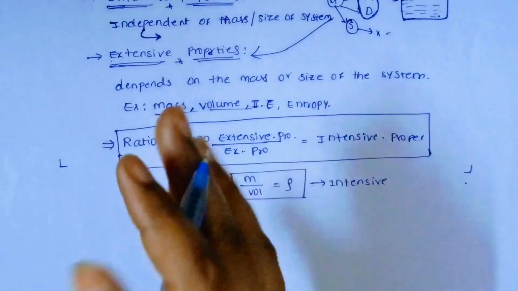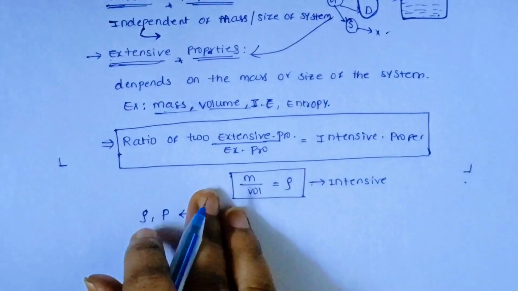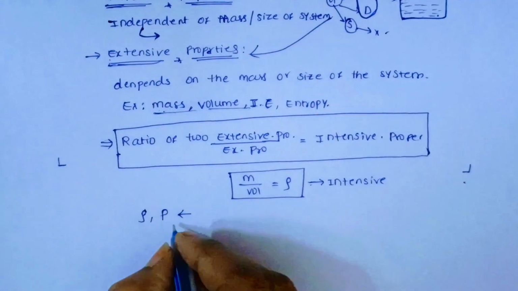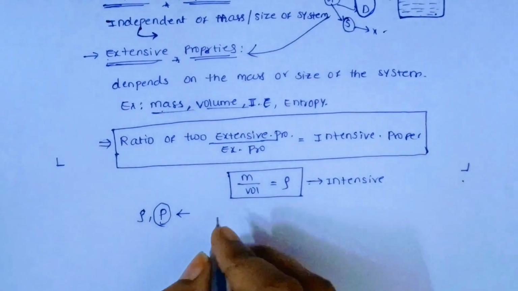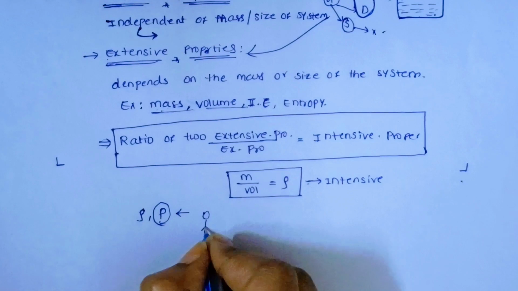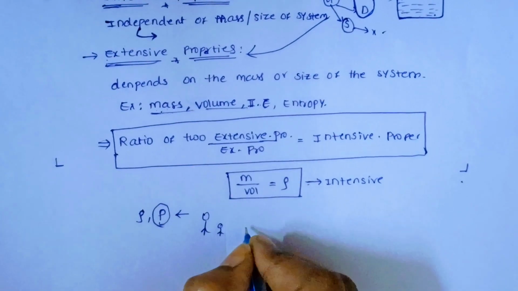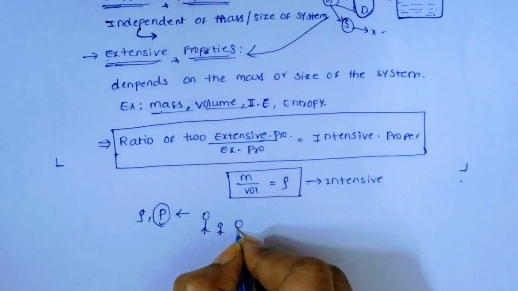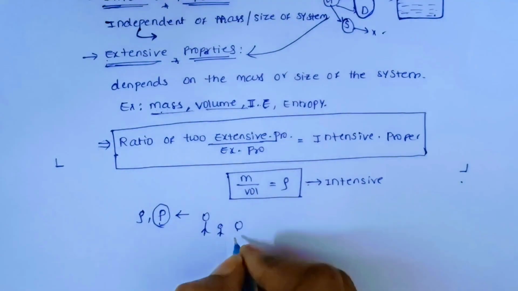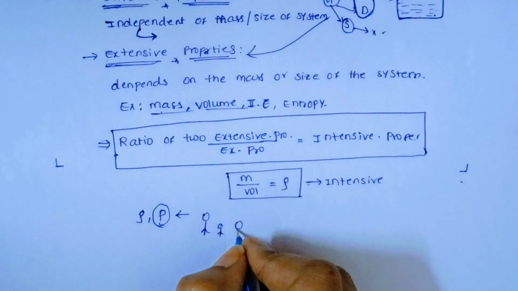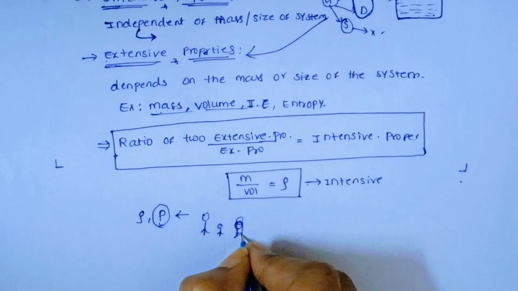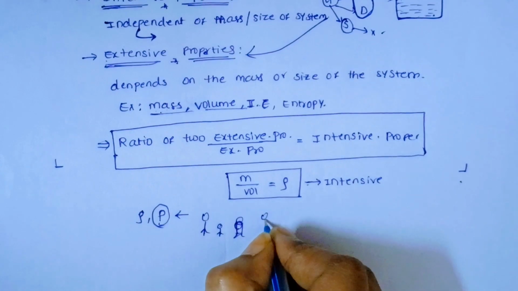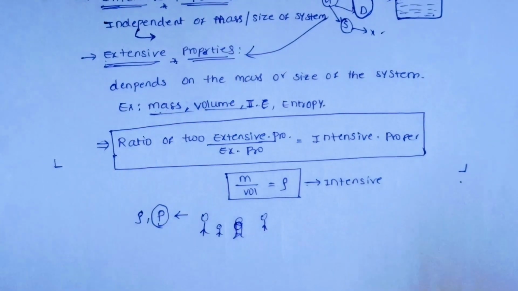I will give one best example for this. Like we are preparing for an exam. In one class, one tall person is there, one short person, one fat person, and one thin person.